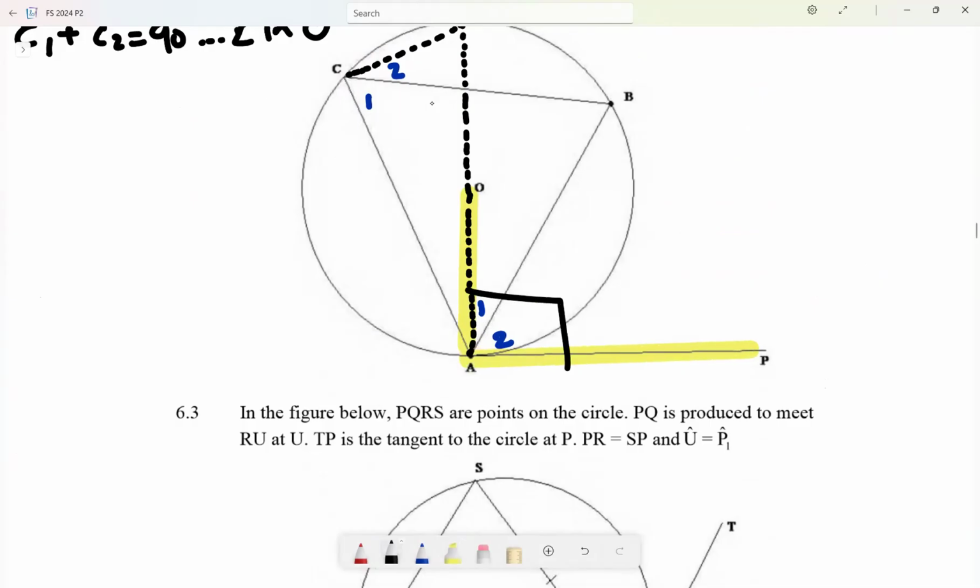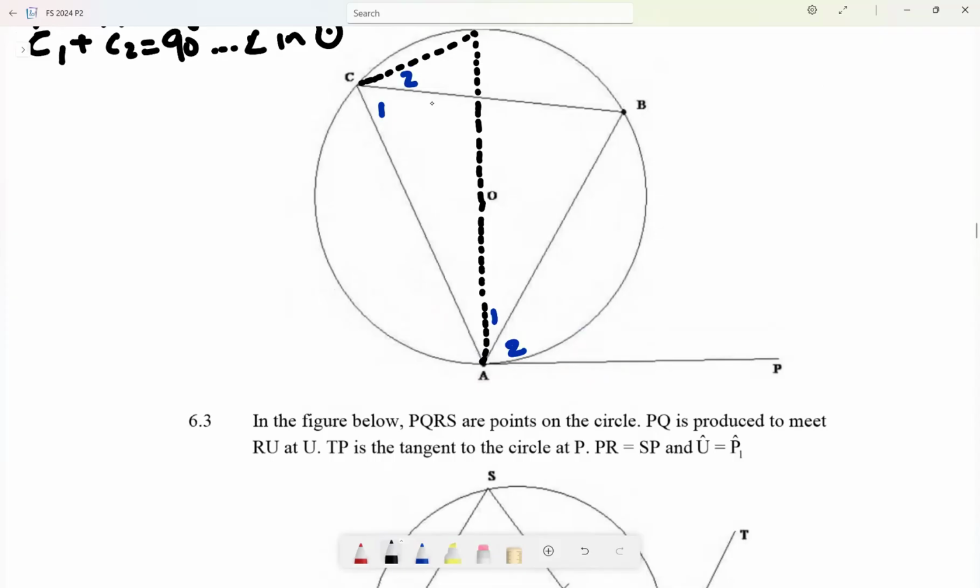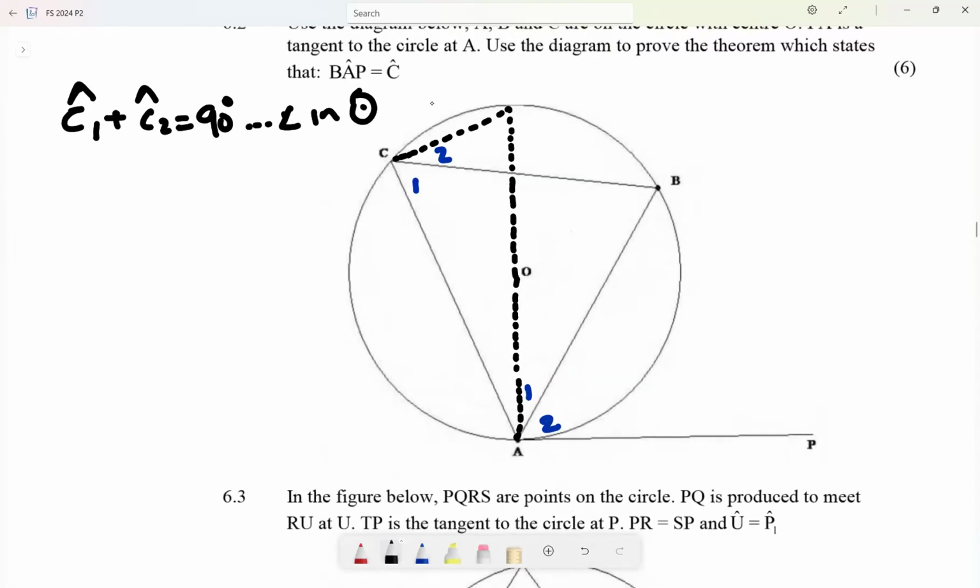Remember this gives me 90 degrees. We just reminded you in the exam. So you'll say angle A1 plus angle A2 equal to 90 degrees. Tangent perpendicular to radius, right?